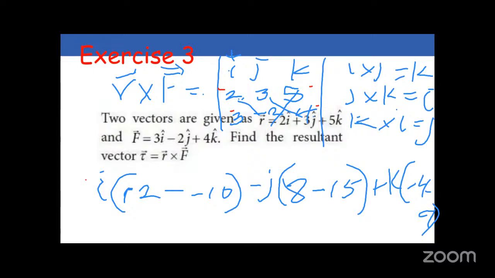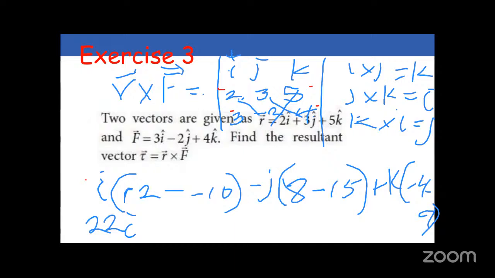So now we simplify our answer. This is 12 minus 10... so that will give us 12 plus 10. That is 22. So we have 22i. This is 8 minus 15. That will give us minus 7.